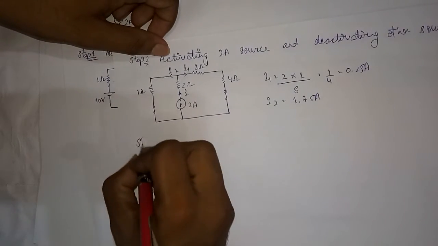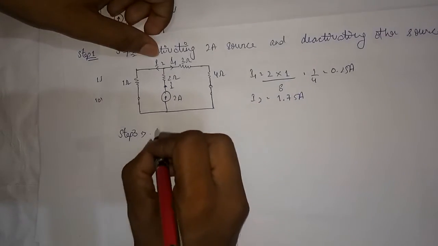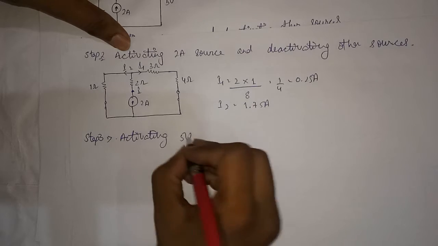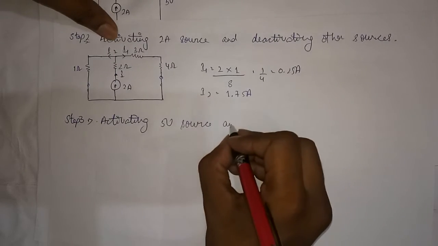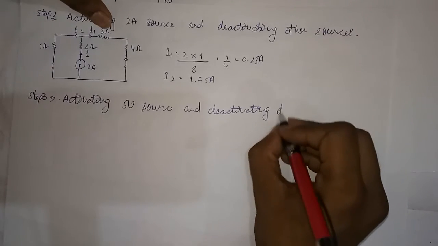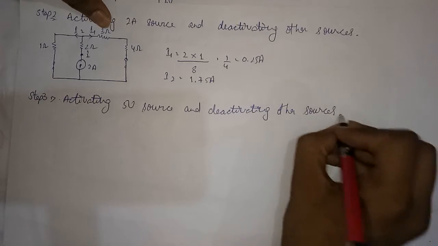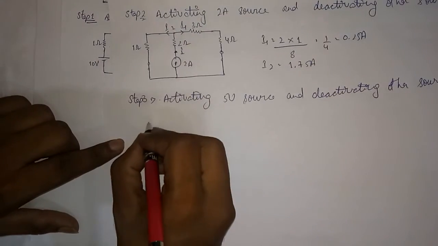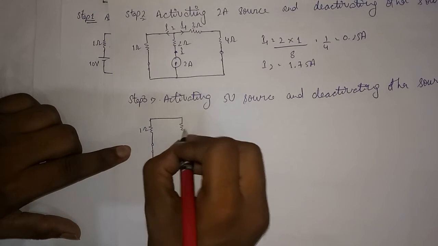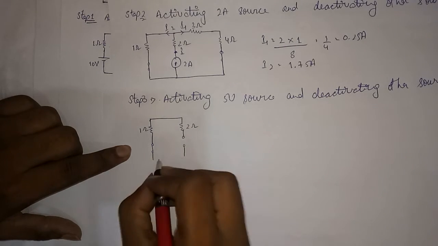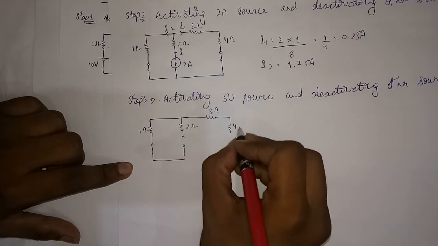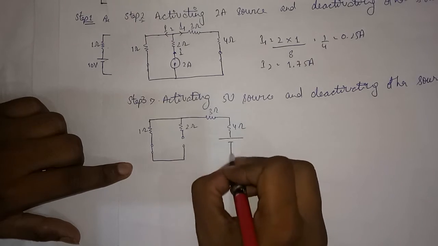Now step 3, activating 5-volt source and deactivating other sources. So we will get this diagram: 1 ohm resistance having short circuit, 2 ohm resistance with open circuit in parallel with 3 ohm resistance, which is in series with 4 ohm resistance having a voltage source of 5 volt.